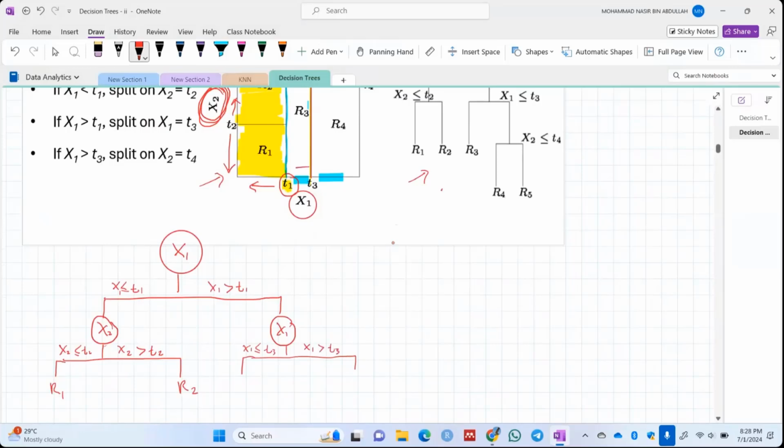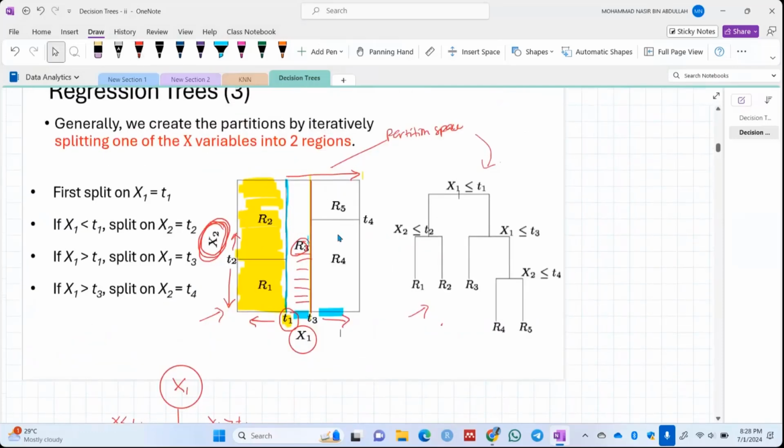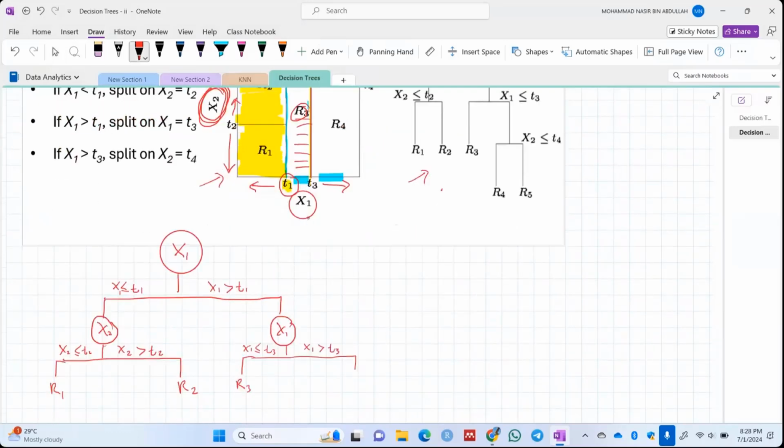When x1 is less than t3, we conclude region number 3. When x1 is more than t3, as you can see from the partition space, we can separate the region based on x2, so this has another separation based on x2.